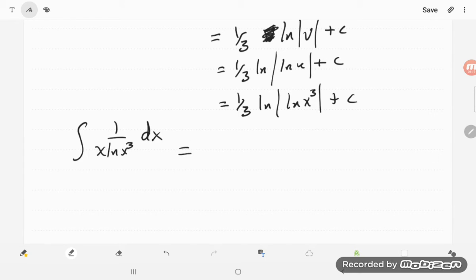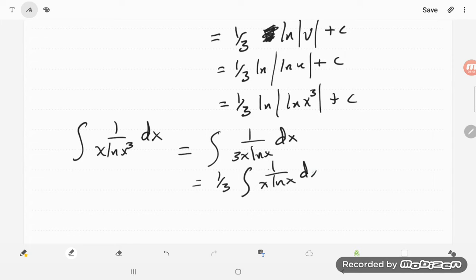Well, actually, I can use the properties of logarithms to bring the 3 down and make this the antiderivative of 1 over 3x log x dx, like that. And so that's 1/3 the antiderivative of 1 over x log x dx.